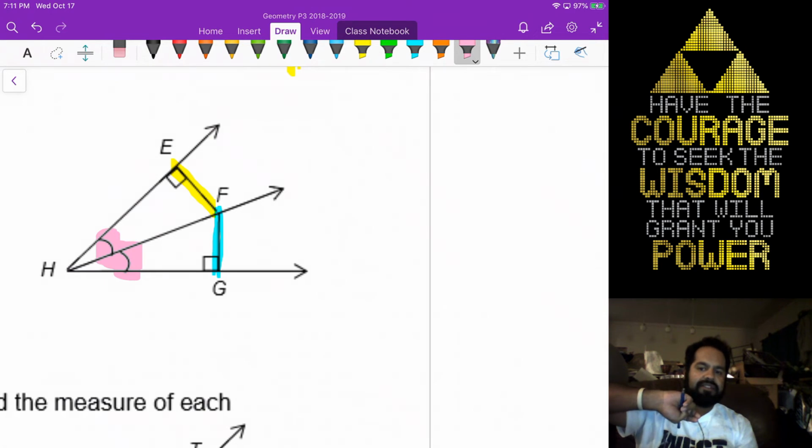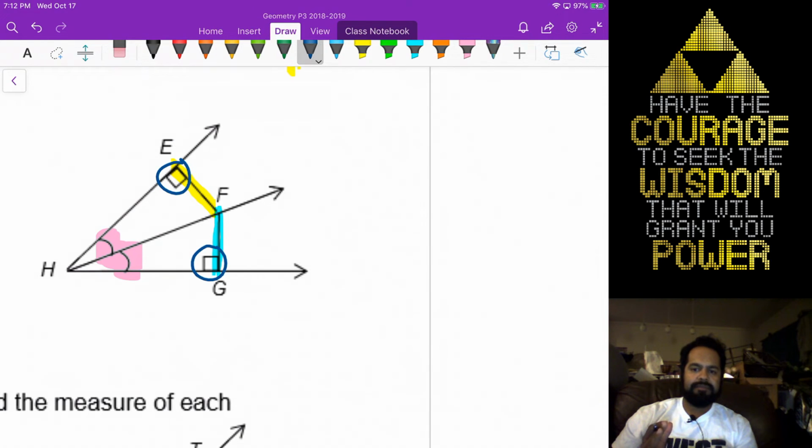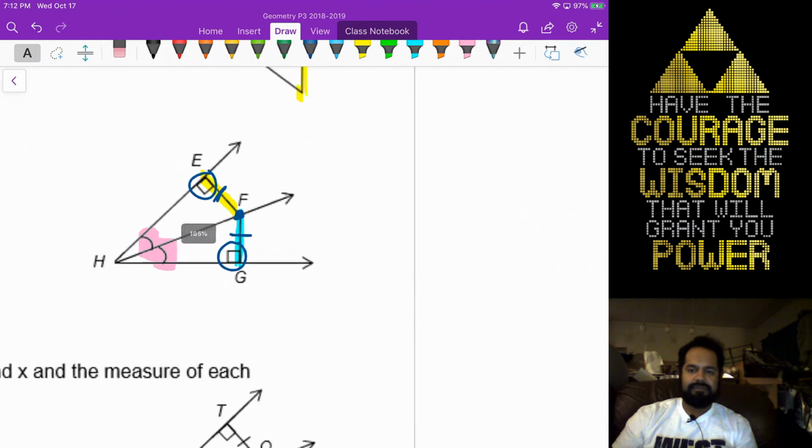But the kicker as well is not just because of the angle bisector, but it's because of what's happening here with our perpendicular lines. Since they're perpendicular, they're going to be forced to meet at a point that's equidistant from them. So therefore, these 2 will be equal.